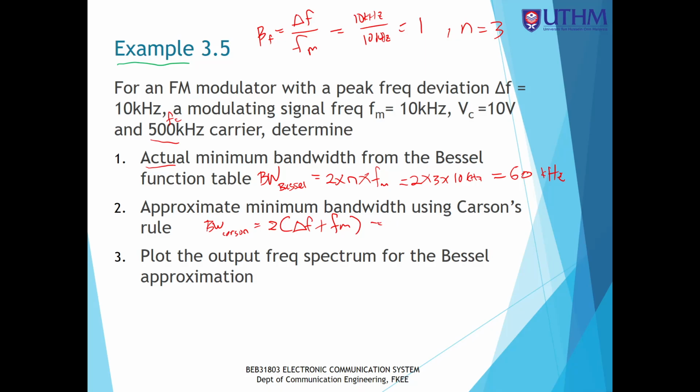So this is equal to 2 times (delta F is 10 kilo plus Fm is 10 kilo). So 20 times 2, you're going to get 40 kilohertz. Okay, 40 kilohertz. And then what?